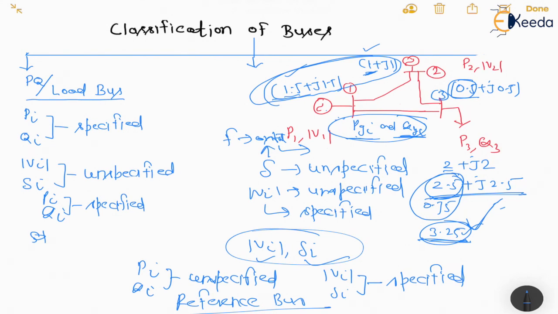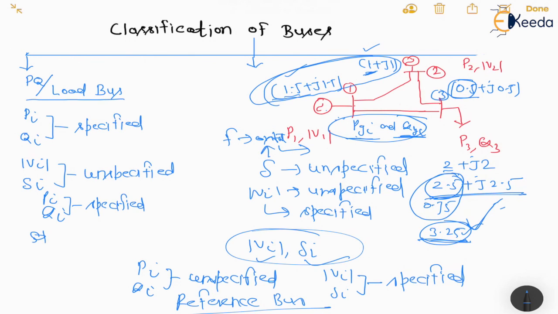Among those, one would be selected as slack bus and 9 buses would be selected as PV bus. So the generator with the maximum generation capability would be selected as slack bus, because we need to specify Vi and del I. So this is the important point. The maximum generating bus would be considered as slack bus.